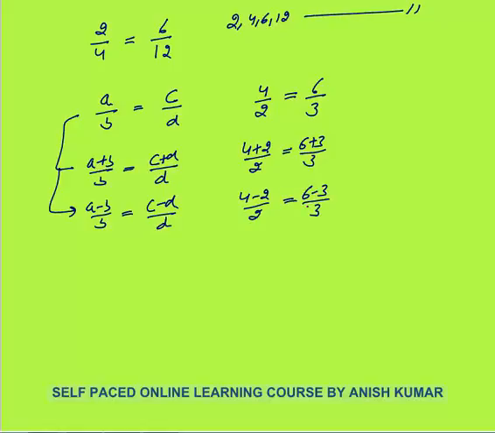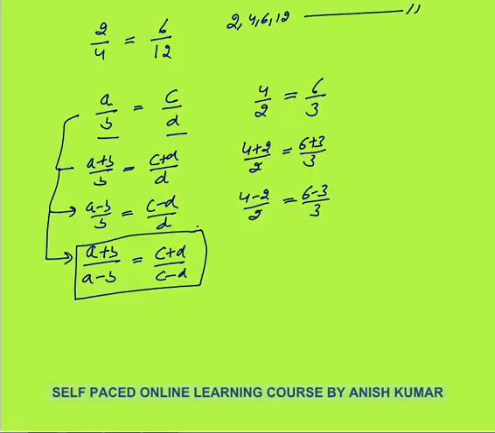You can check that. Now very important, apart from these, mostly what is used is: if A by B is equal to C by D, then you can always say that A plus B upon A minus B will always be equal to C plus D upon C minus D. This is very important, and sometimes it is used to simplify the equation.